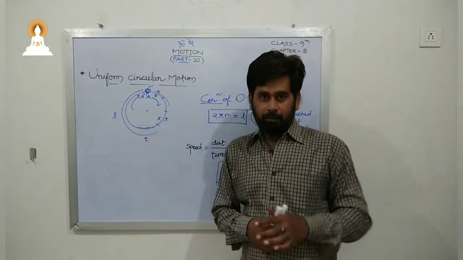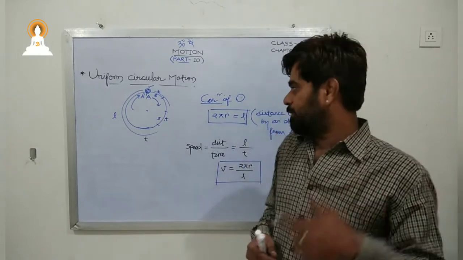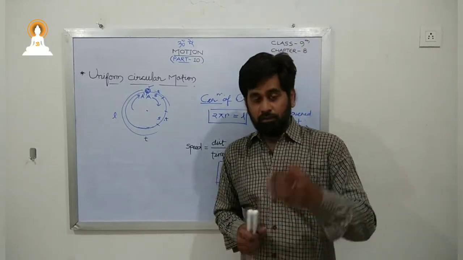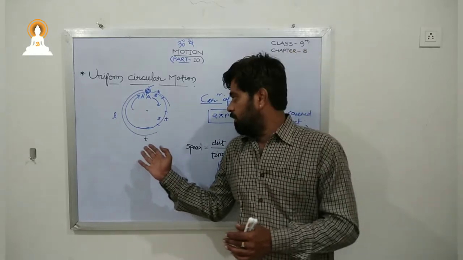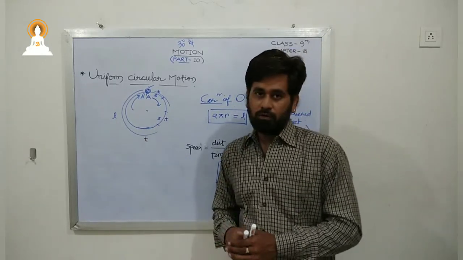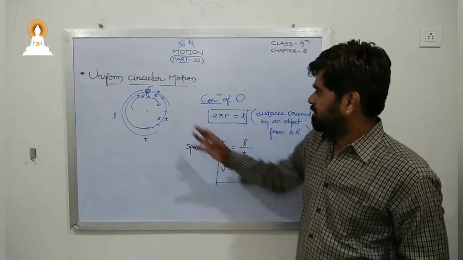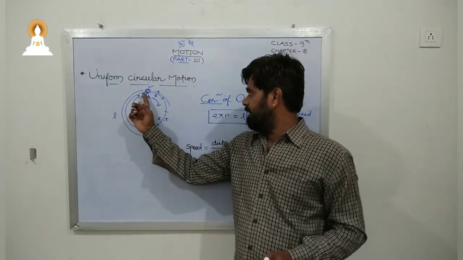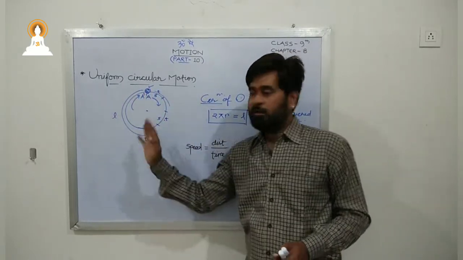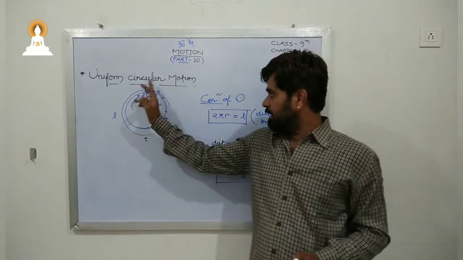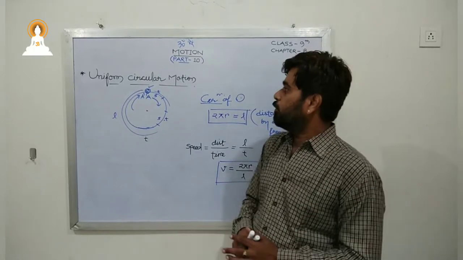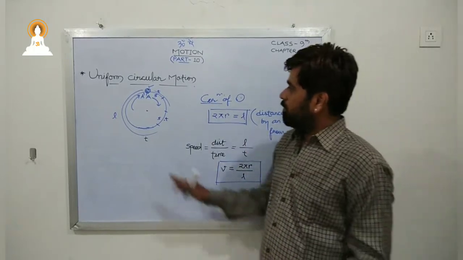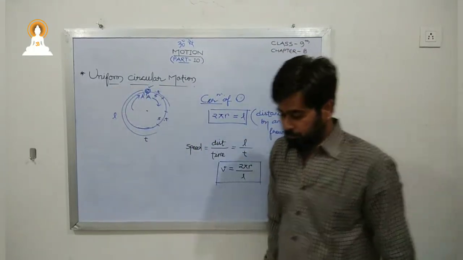The blades of a fan also perform circular motion. The moon around the earth and a satellite surrounding the earth perform uniform circular motion. And if I take the object as a car, then the car is performing uniform circular motion if its speed is uniform, or constant. So this was all about uniform circular motion.